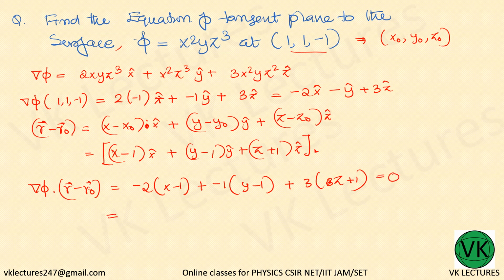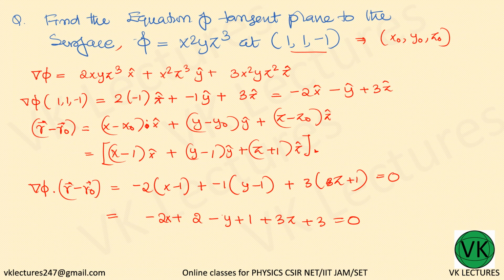So that is minus 2x plus 2 minus y plus 1 plus 3z plus 3 equal to 0.